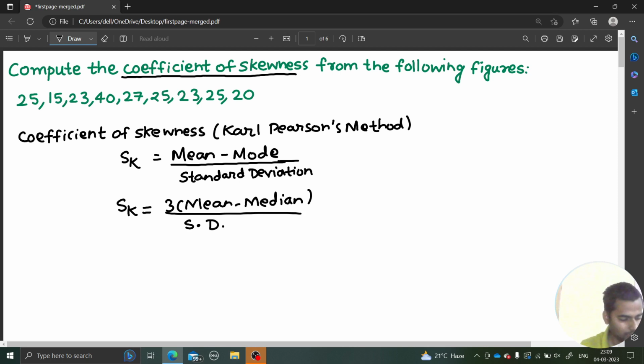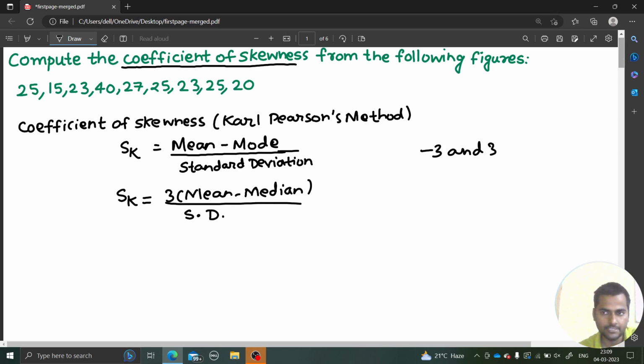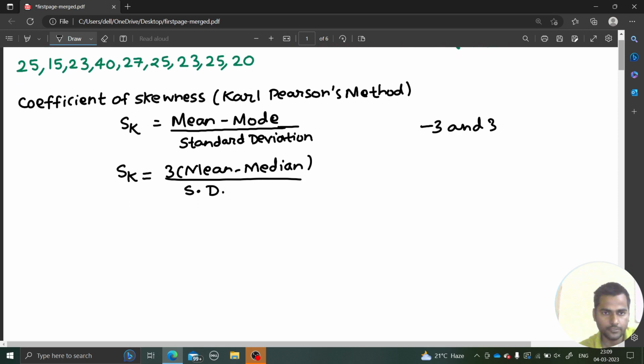And the value of this Karl Pearson coefficient, which we call SK, lies between -3 and 3. Okay, so this was a brief introduction about the Karl Pearson method to find the coefficient of skewness.